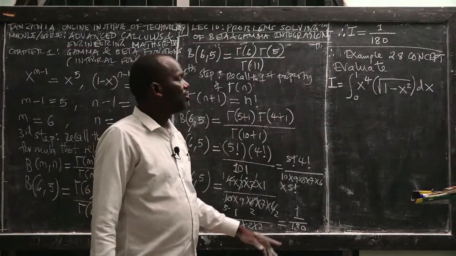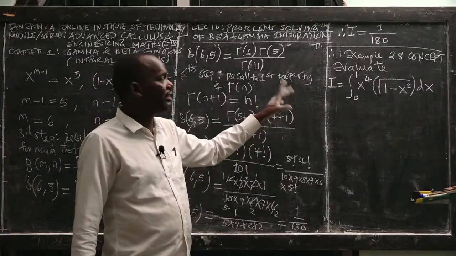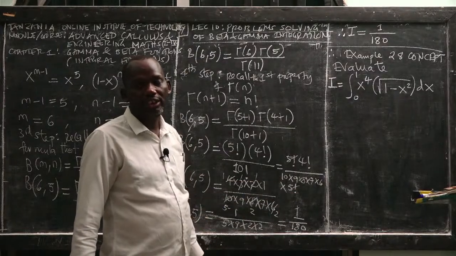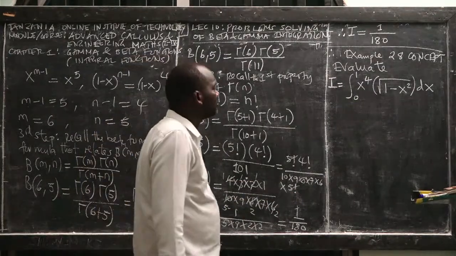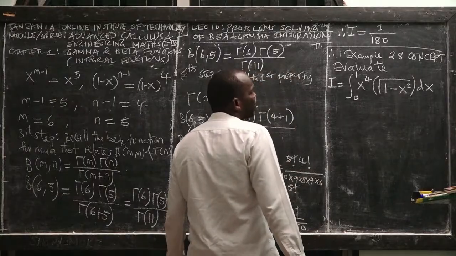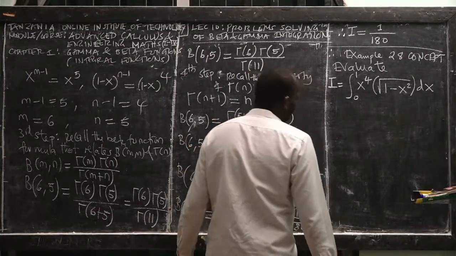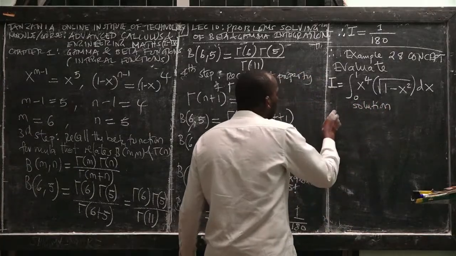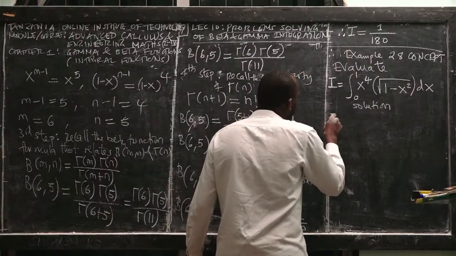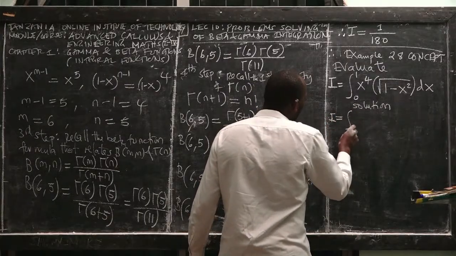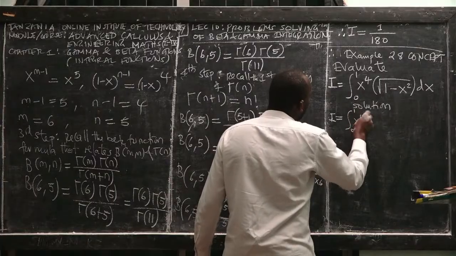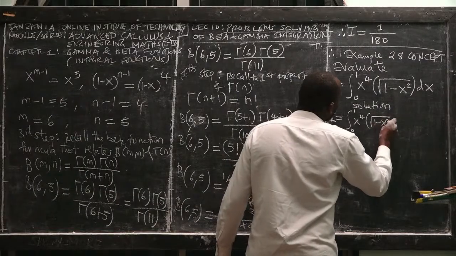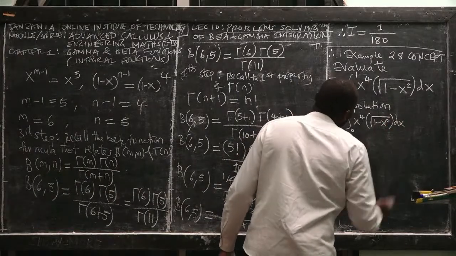Beta function. So first of all, it's a beta function because the limits are definite from 0 to 1, and it's in Cartesian form. So if it's Cartesian form, we have to think how to use the Cartesian formula. So, solution. Before we go into the first step, we write I is equal to integral from 0 to 1 x power 4 times square root of 1 minus x squared dx.